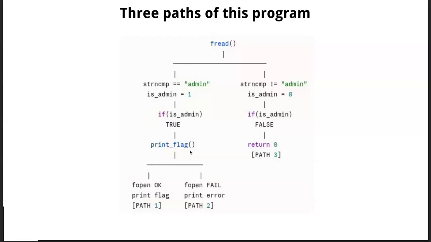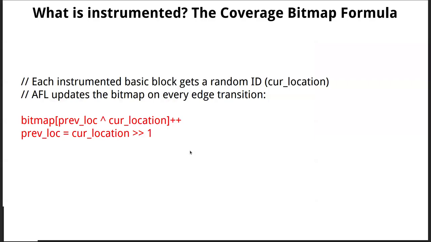The second path is where F3's fopen is not successful. That's the second path. Then the third path is where even the atomy was not present in F3. So only 3 paths. Very simple. So we talked about where we instrument. We're going to instrument 6 different places for that simple example.